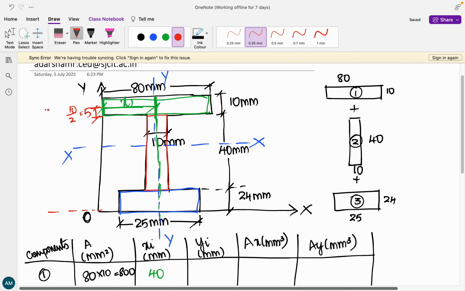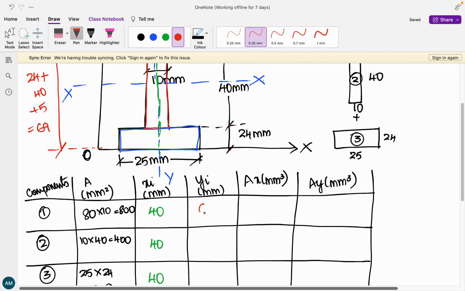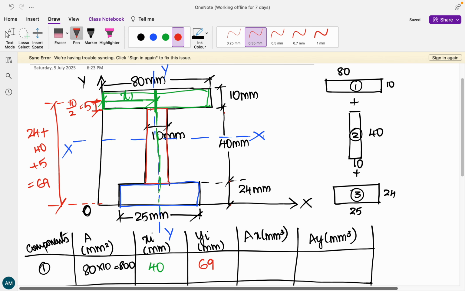So from the origin to this particular point, what is the distance? We have to cross 24 plus 40 plus 5, so it is 24 plus 40 plus 5 to reach this particular point. Make sure that you mention the value, which comes out to be 69. The second component is this. For this component, what is the centroid?